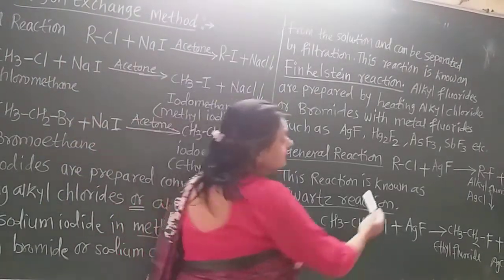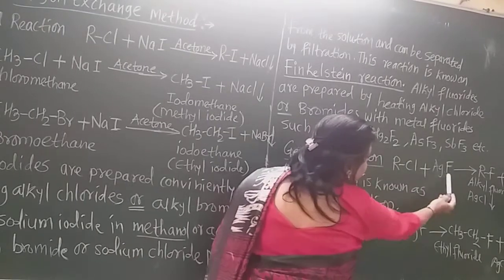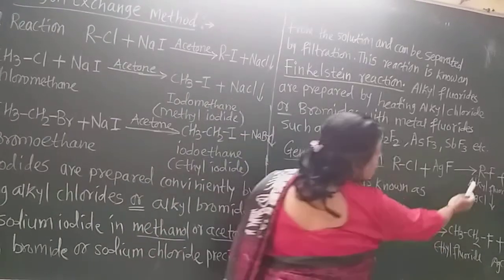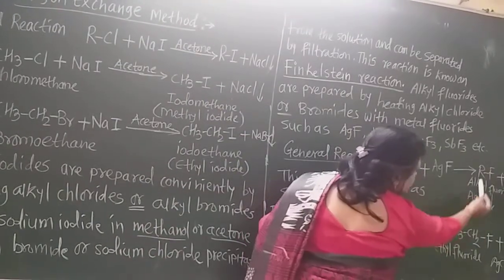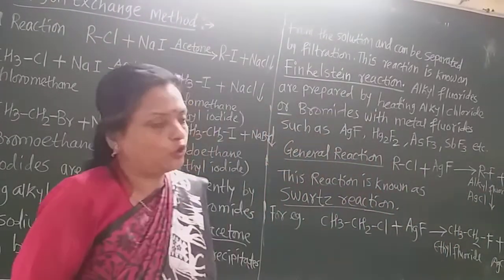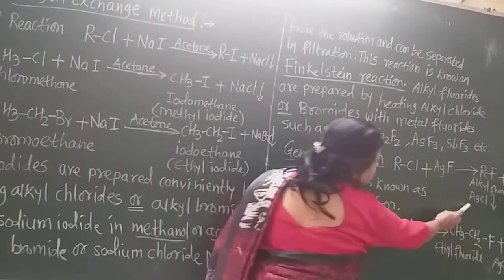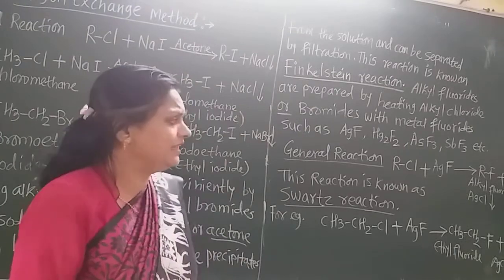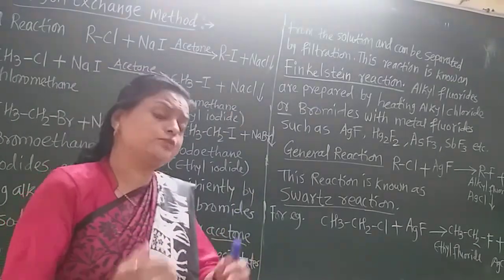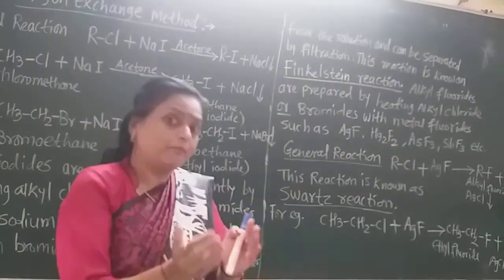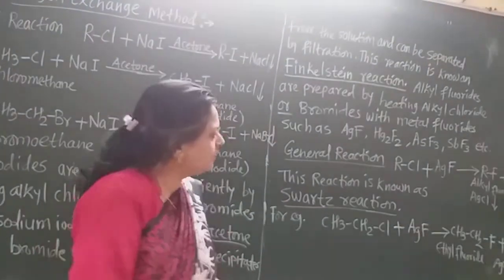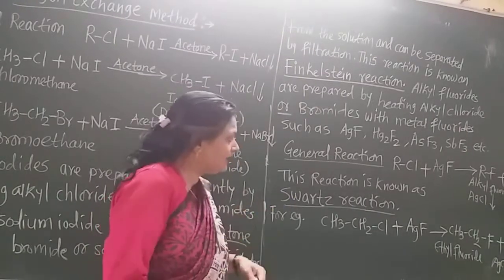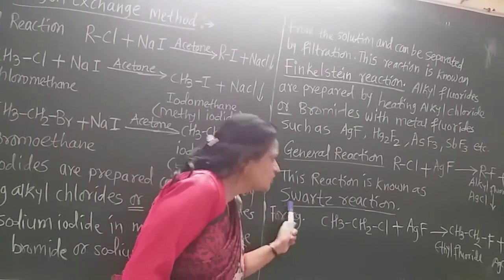Now here also, when this alkyl chloride reacts with silver fluoride, there is formation of alkyl fluoride, and there is the precipitation of AgCl, which is a sparingly soluble salt, that is, very less soluble. So it is always formed as a precipitate, in a bulk-like form, and after filtration you get this alkyl fluoride. Now take the particular reaction, and this reaction is known as the Swarts reaction.